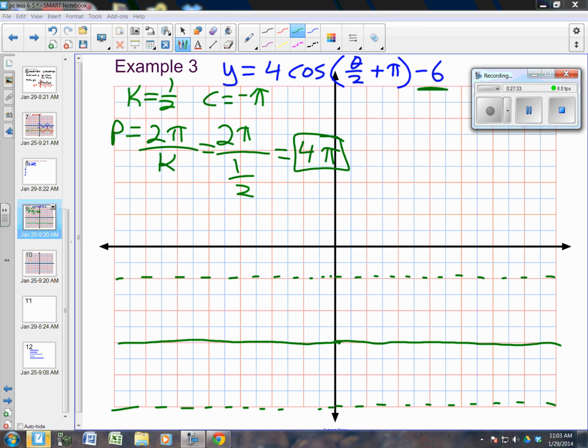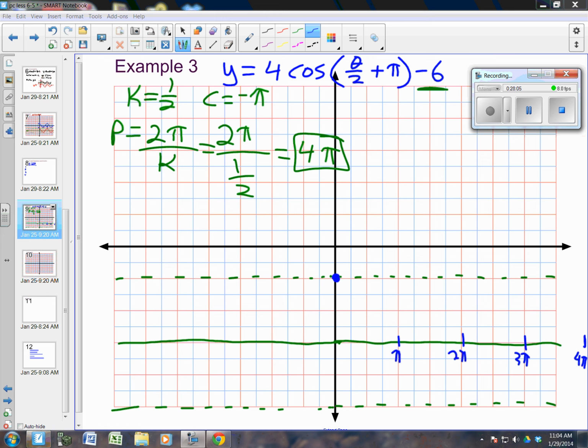Okay? Now, it says graph it with that period. Okay? So I know it's a cosine function. So it's going to start up here at this point right here, 4 above the midline, right? Because it's positive, and between, and I got to count over, this is going to be pi, this is going to be 2 pi, this is going to be 3 pi, and 4 pi is going to be about right here, right?